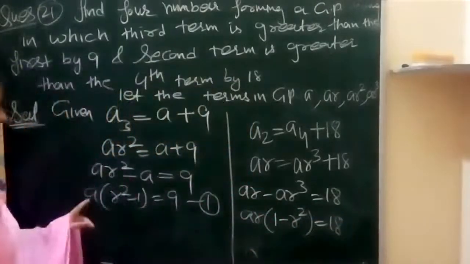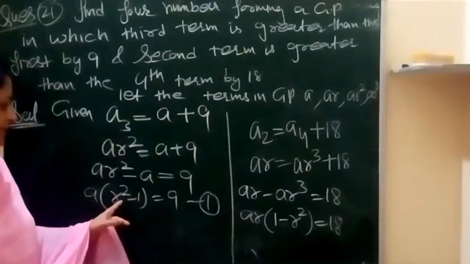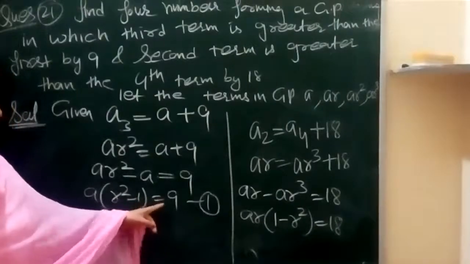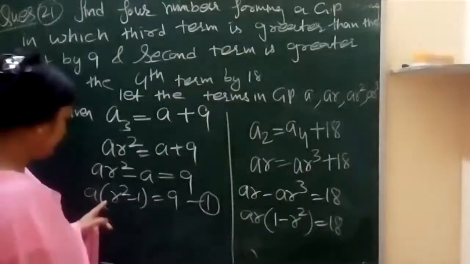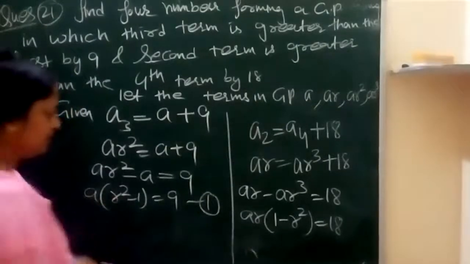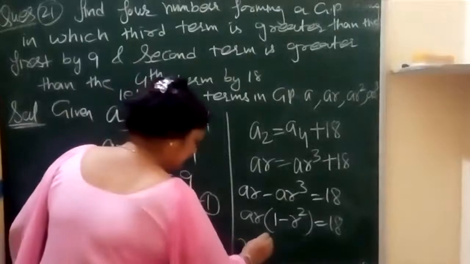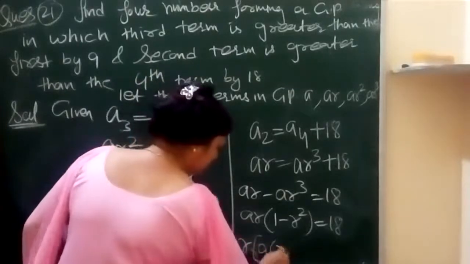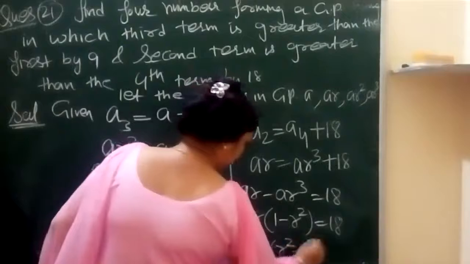And what is the value of A into R square minus 1? That is equal to 9. Here R is as it is, and A into R square minus 1 is equal to 18.